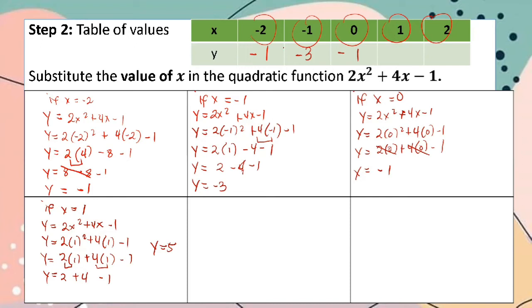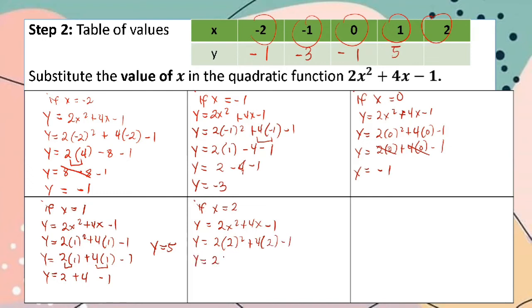And then the last one is positive 2. So, if x is equal to positive 2, then y is equal to 2x squared plus 4x minus 1. So, y is equal to 2 times 2 squared plus 4 times 2 minus 1. So, 2 squared is 4. So, multiplied by 4.